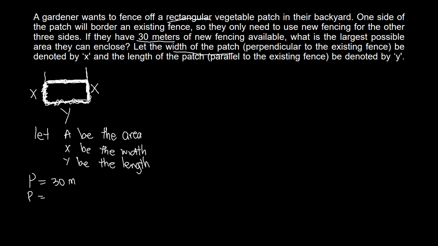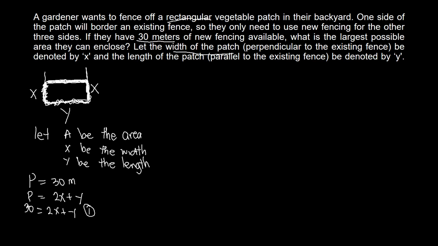Once we say perimeter, we are actually getting the total length of the sides that we are going to fence. So basically, we're adding all the side lengths: x plus y plus x, or simply 2x plus y. Replacing our perimeter value, which is 30, we have 30 equal to 2x plus y. So this is our first equation.